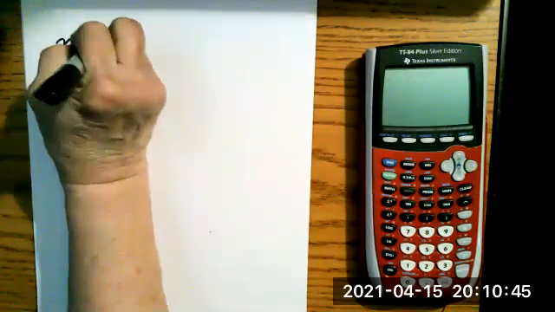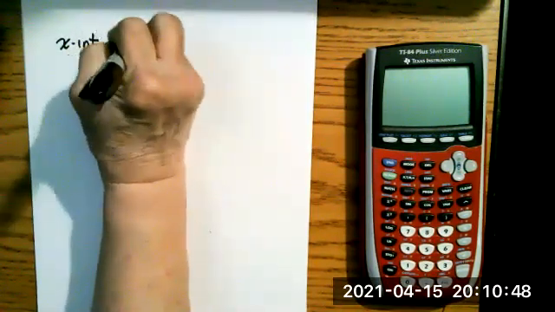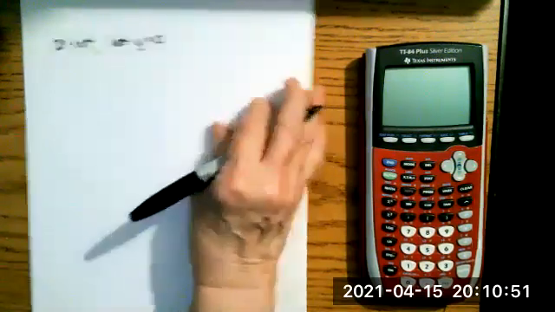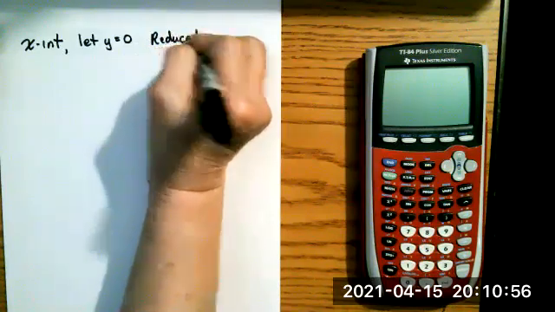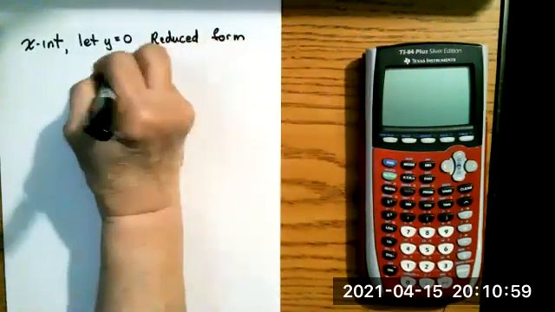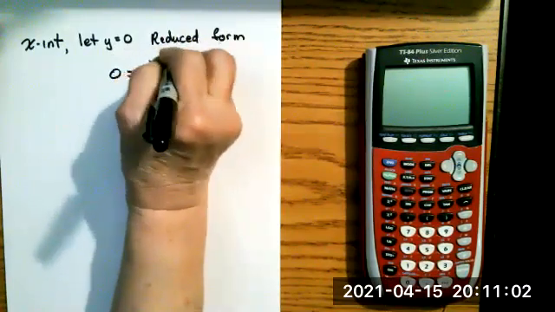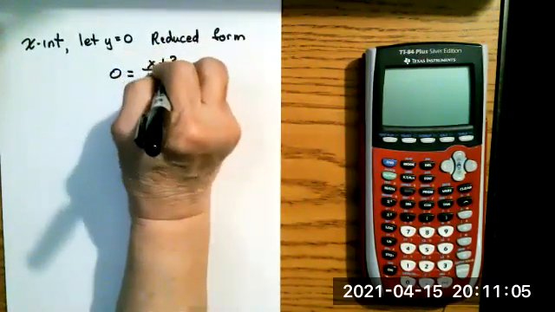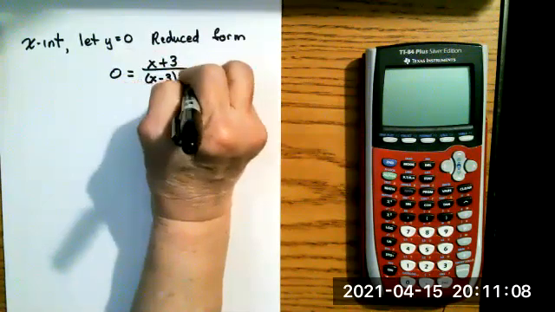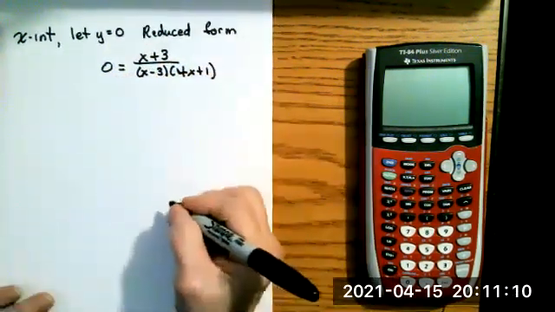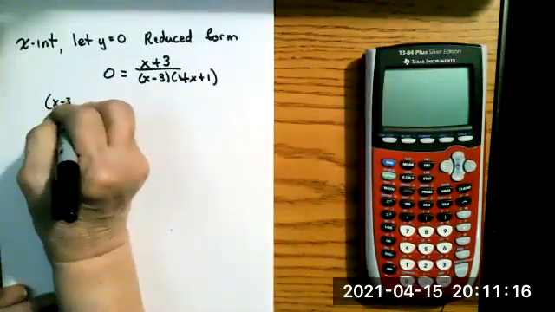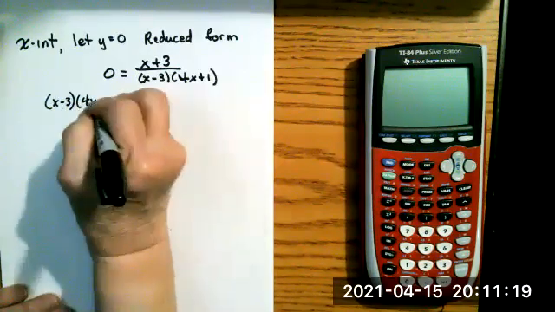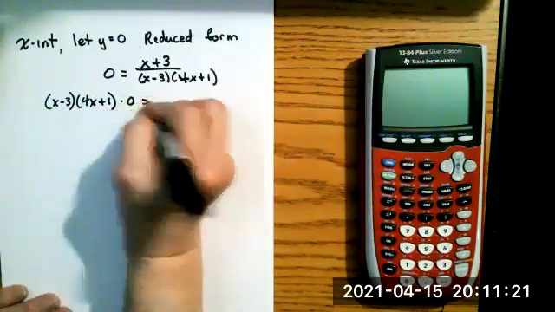Okay, let's do the x-intercept. The x-intercept, remember we let y equal 0. And we can use the reduced one. So we have 0 equals x plus 3 over x minus 3 times 4x plus 1. And what you want to do is multiply both sides by this denominator. So you're going to have x minus 3 times 4x plus 1 times 0 on this side.